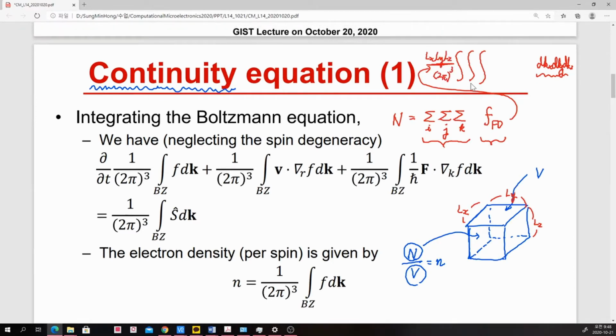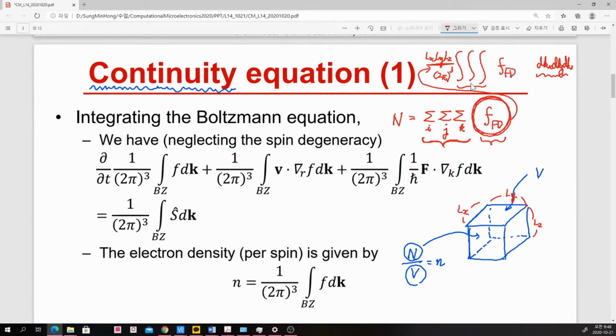And this triple summation can be just cast into a triple integral. And here we have the quantity, the distribution function. And maybe you remember that this Lx, Ly, Lz can be treated as the volume of our box.